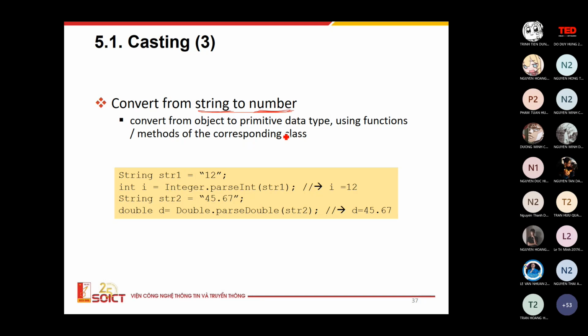For example, you have a string str1 of the string type, and the value between the quotation marks is the combination of two characters 1 and 2, and you know that we see 12. Now you want to convert this str1 into int, convert it into a numerical value.